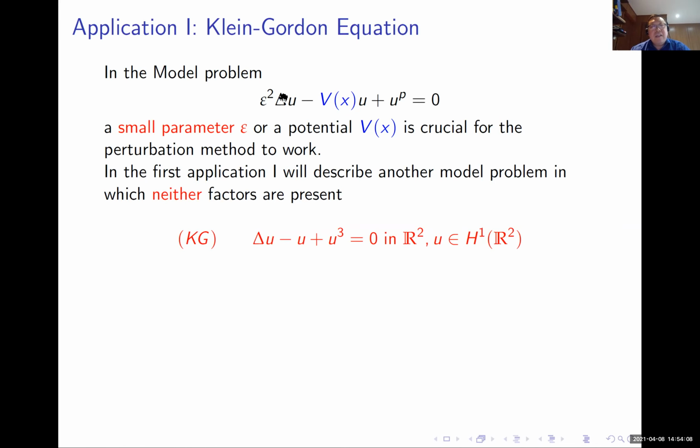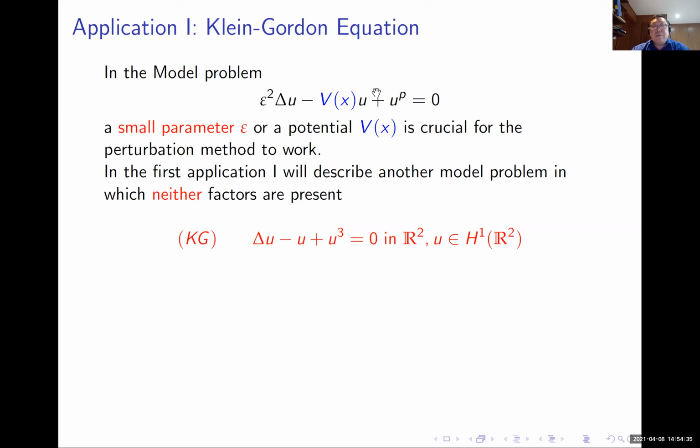In the model problem I discussed last week, we have a small parameter and we have a potential. We need the small parameter for the singular perturbation, and we need the potential to do the second step, to construct the reduced problem.